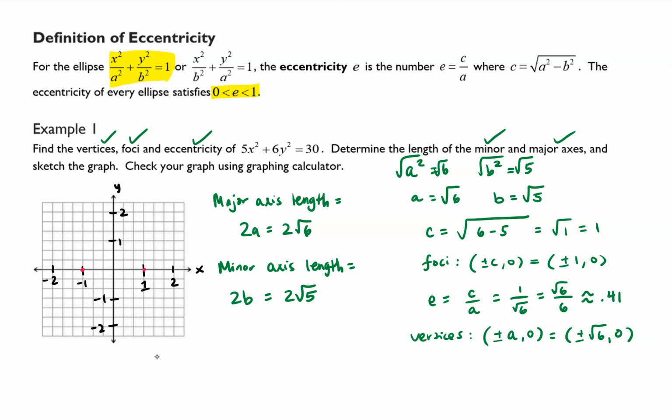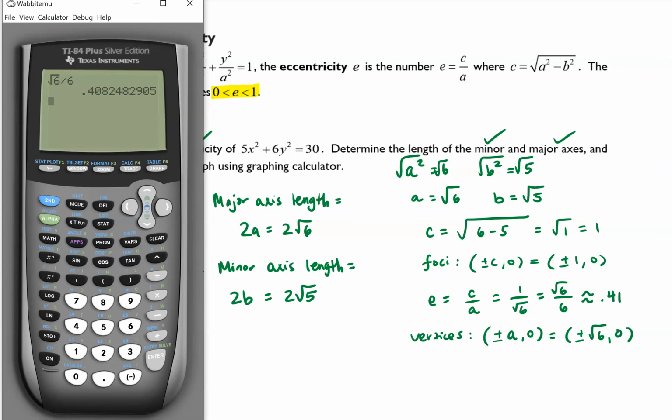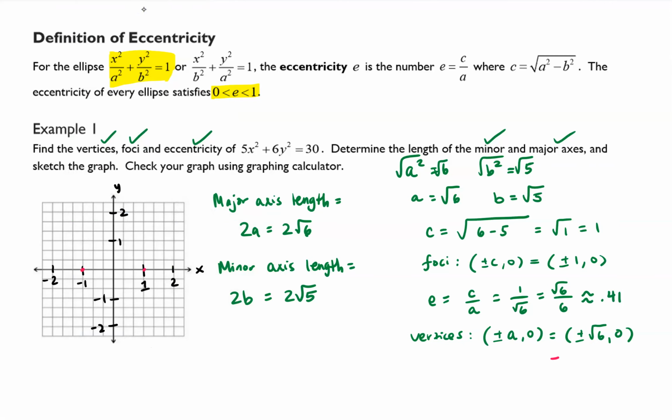There are my 2 foci, and my vertices are at plus or minus the square root of 6, so let's see what the square root of 6 is. That's 2.4. I'm just going to round it to 1 decimal place. So this is plus or minus 2.4, 0. Let's see, that's going to be right there and right there.